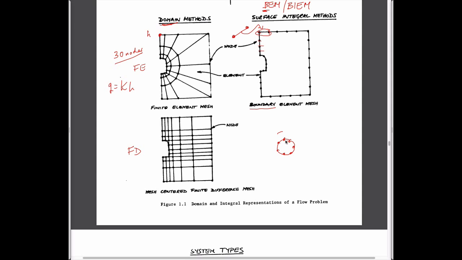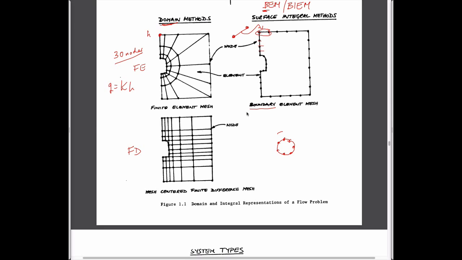In this case, if this was the head of each node, we'd have 4, 5, 6, 7 equations. And so by using boundary element methods, we can sometimes use much smaller systems of equations, which are much more efficient to solve than if we use domain methods.